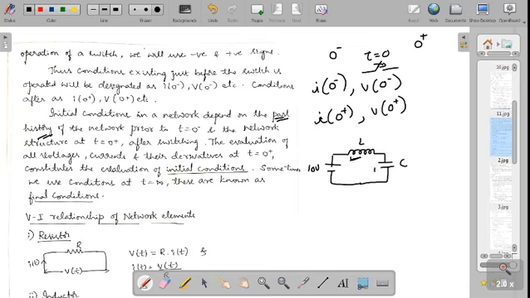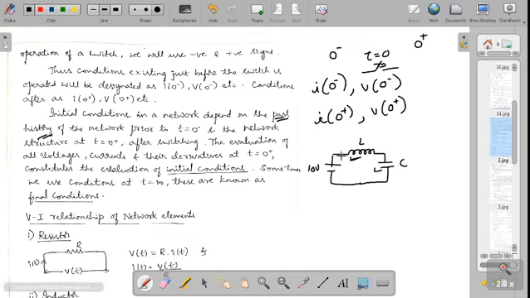You know that a capacitor can store some voltage, so you need to know whether the capacitor already has voltage carried from an earlier circuit, and similarly whether the inductor already has some current before being placed into the circuit. That is meant by the past history of the network before t equals 0 minus.